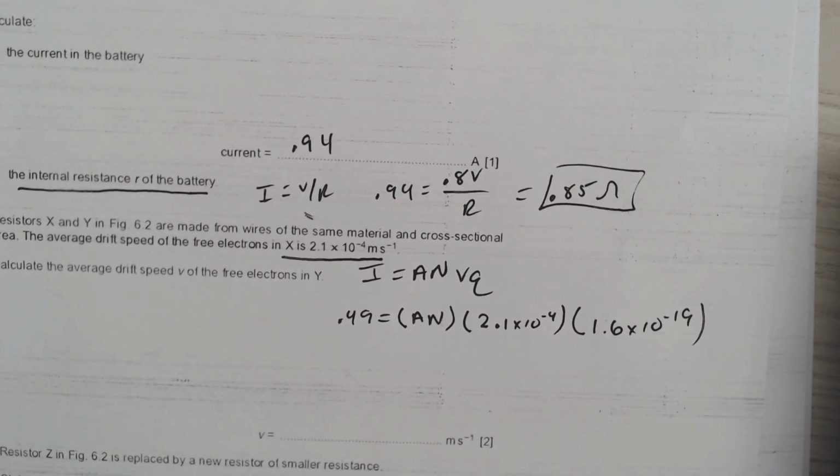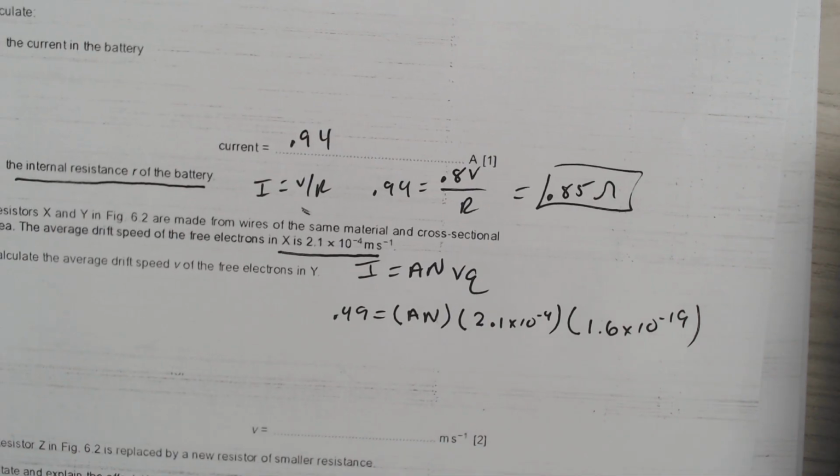0.49 divided by a whole bunch of stuff. 0.49 divided by 2.1 times 10 to the negative fourth, and divide by 1.6 times 10 to the negative 19th.